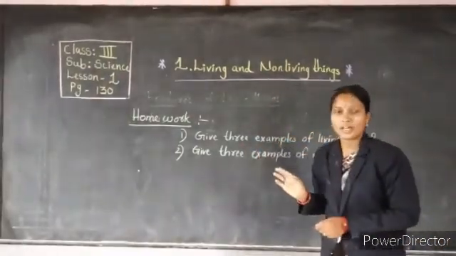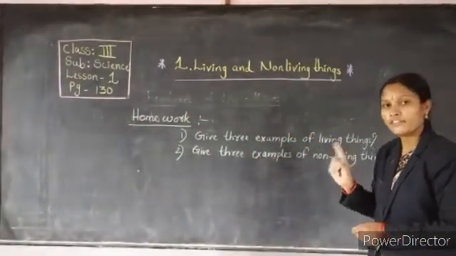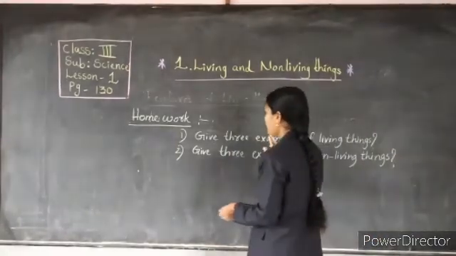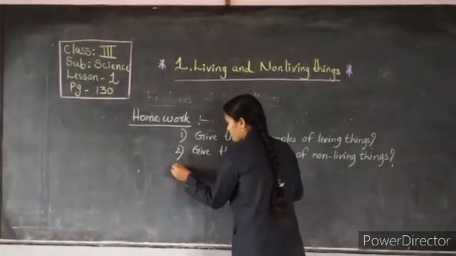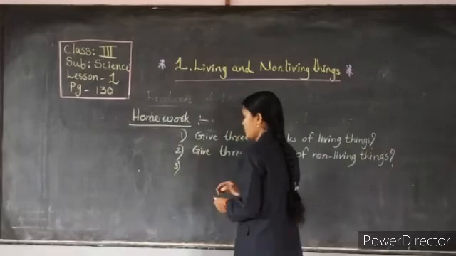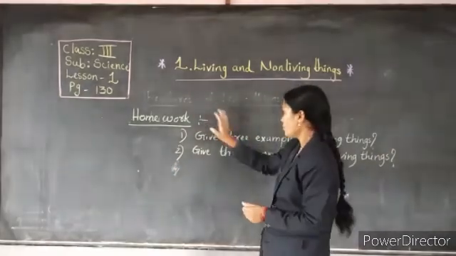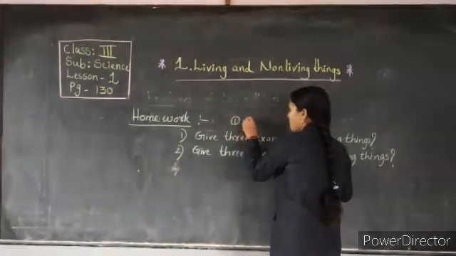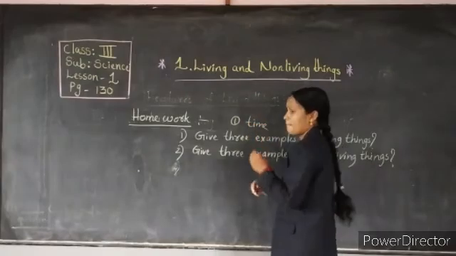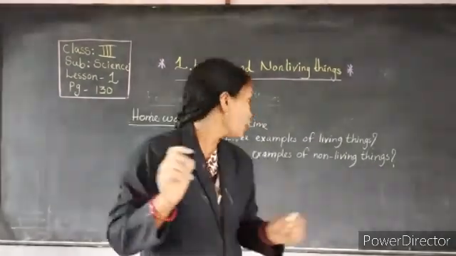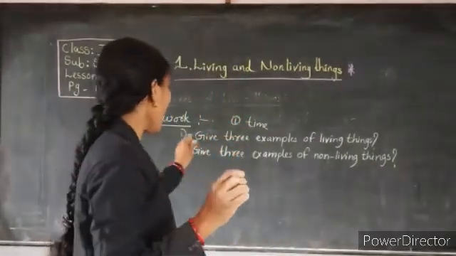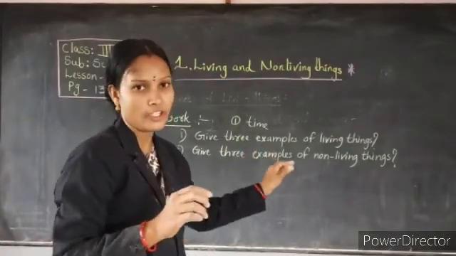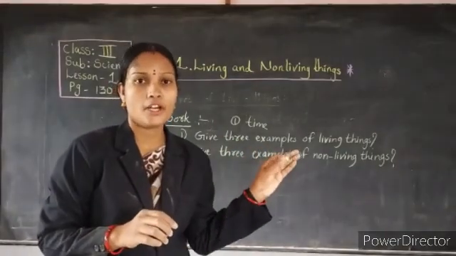Understood? Write this one time. Give 3 examples of living things and give 3 examples of non-living things. Write one time. Understood, students?